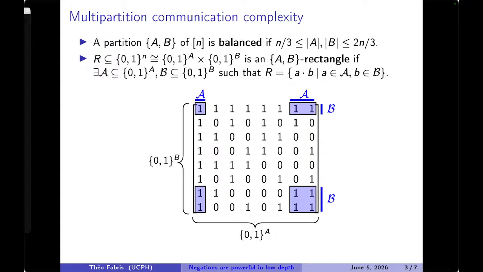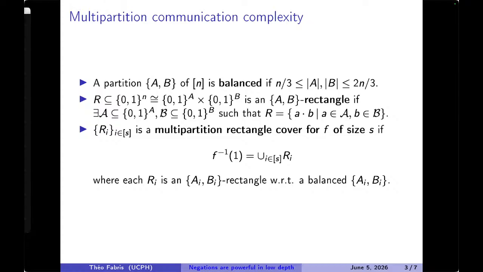Just to make sure that rectangles are not just this kind of rectangles, but also more general structures. The definition is exactly what I explained before, just that it can be more general than the picture was before. Okay. So now we all know what a rectangle is, so we can define what a multi-partition rectangle cover is.